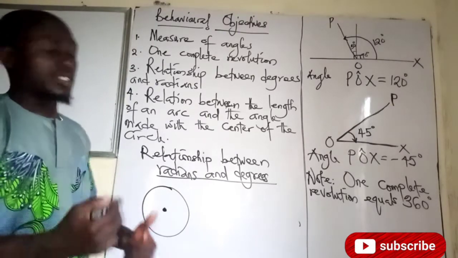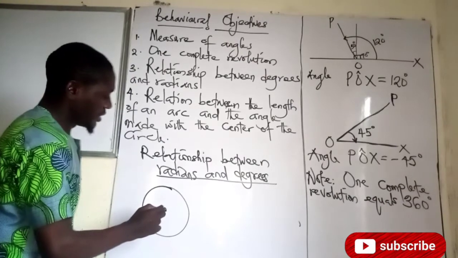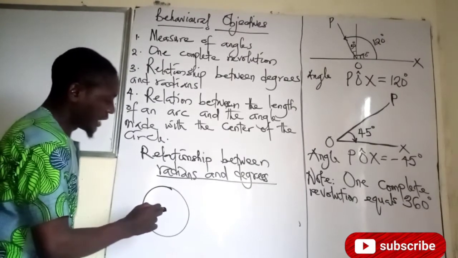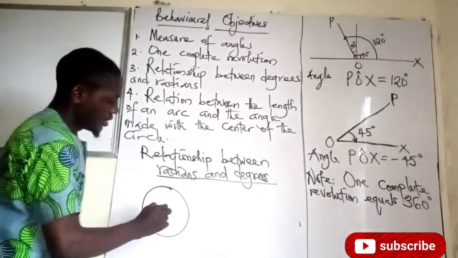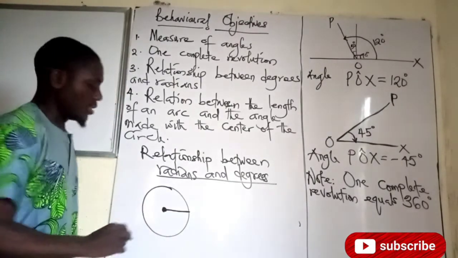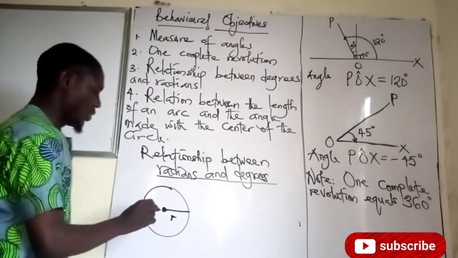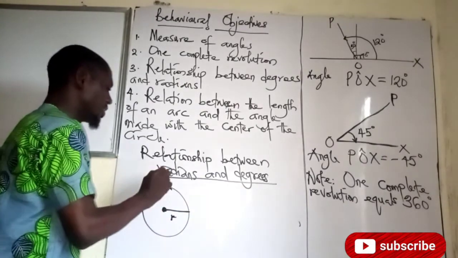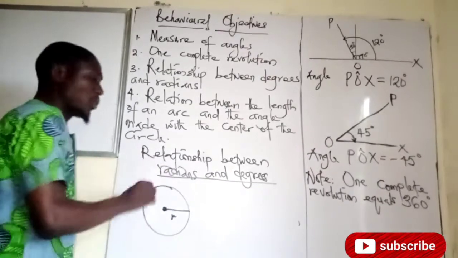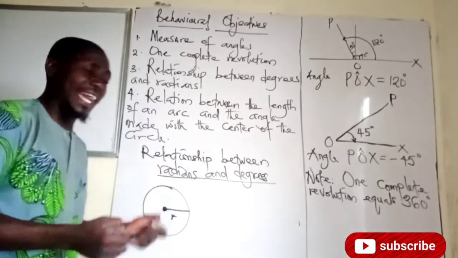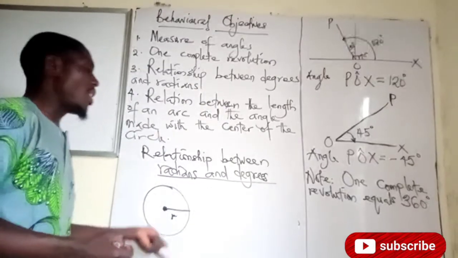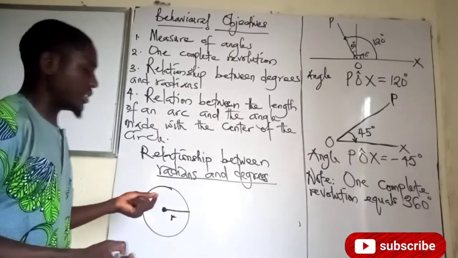Of course, the radius of a circle is the line drawn from the center of the circle to any part of the circumference. Let's say this is the radius. If I draw another line to meet the circumference, that particular line too will represent a radius, as it is defined as the line drawn from the center of the circle to the circumference.